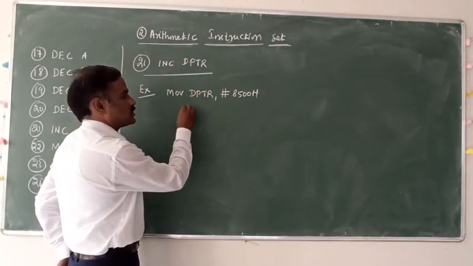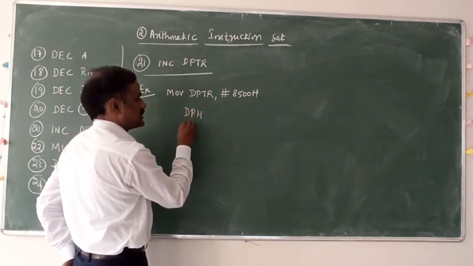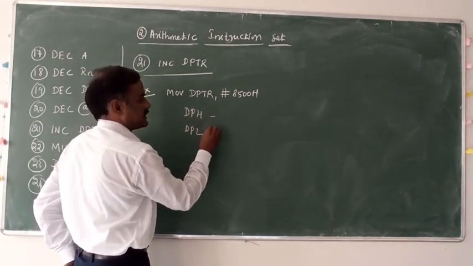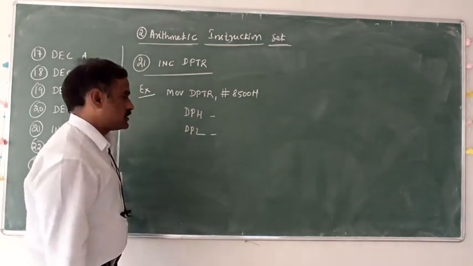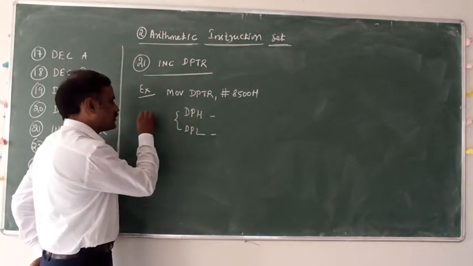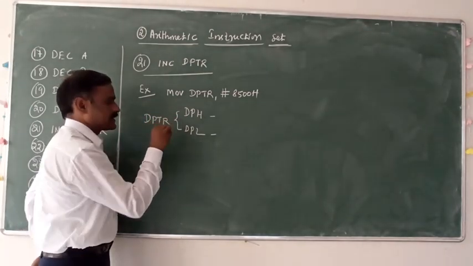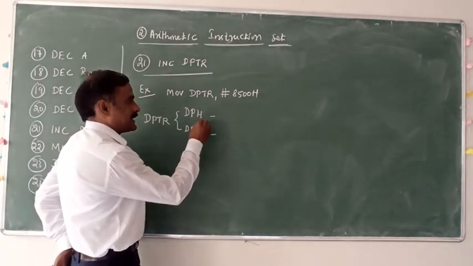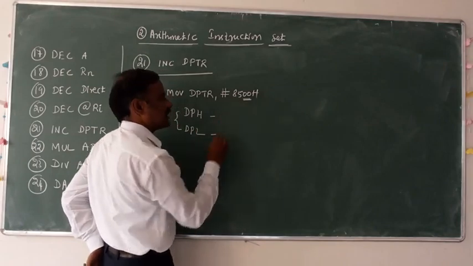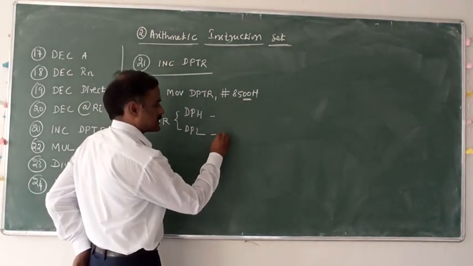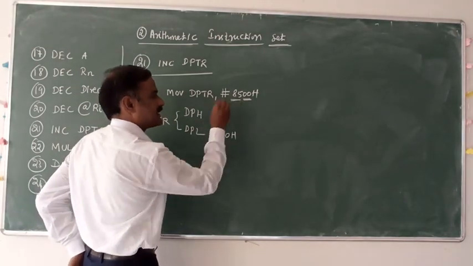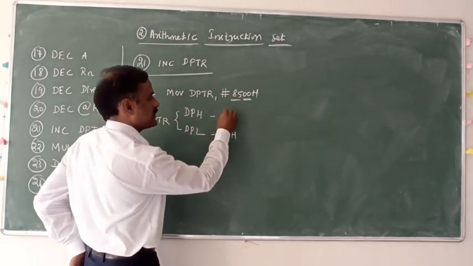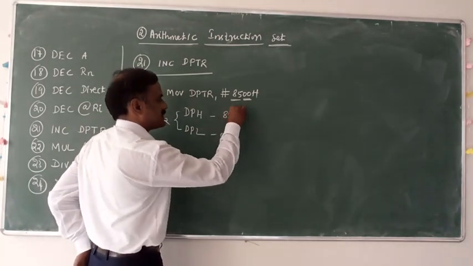It is divided into 2 8-bit parts, DPH and DPL. This is 8-bit and this is also 8-bit. These two represent the data pointer. Now the LSB data or address is available in DPL and the MSB data or address is available in DPH, 85H.